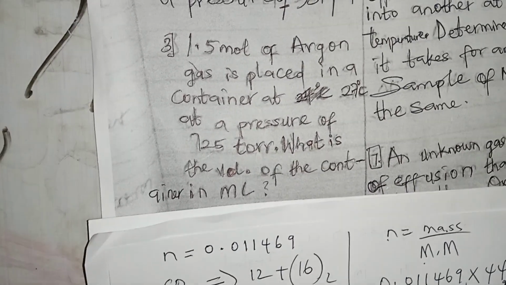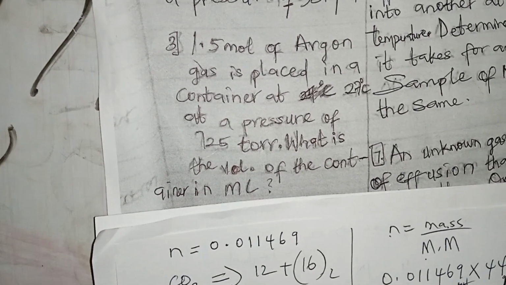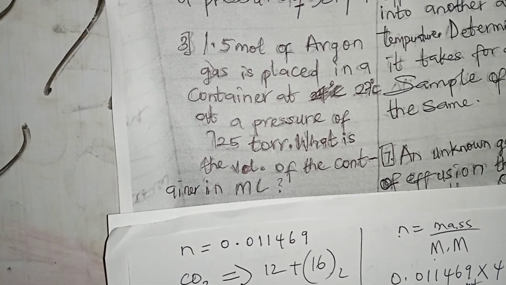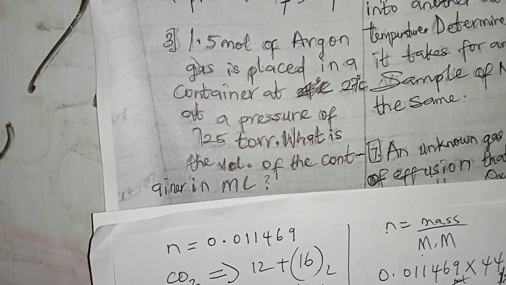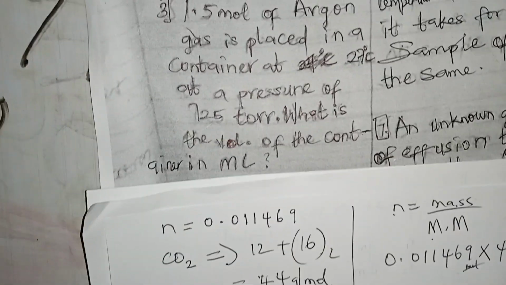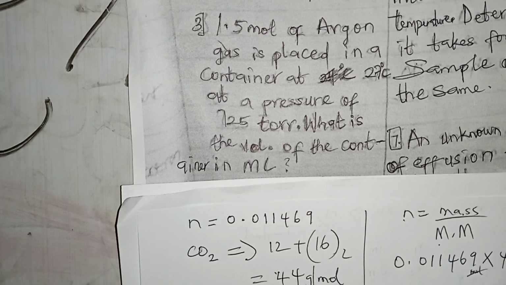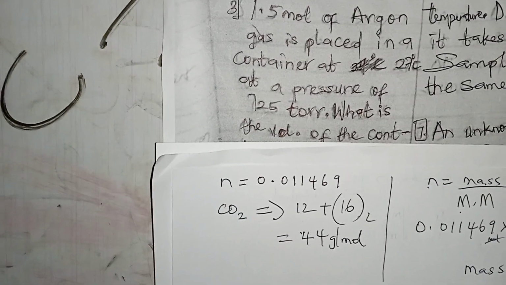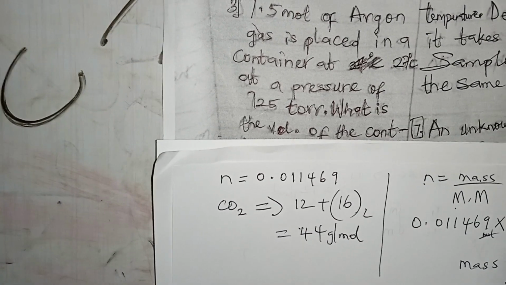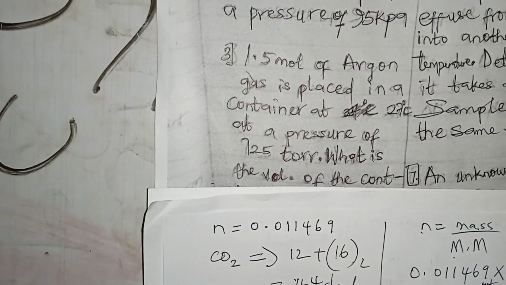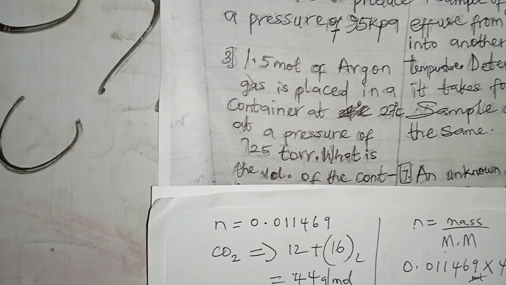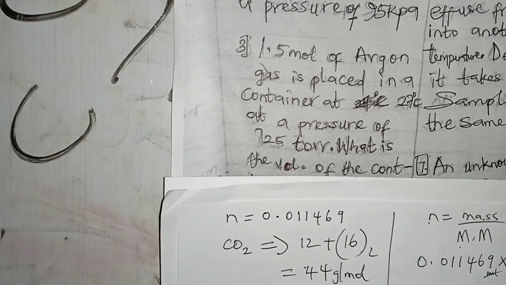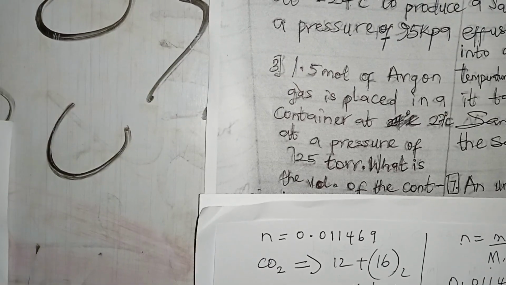Then pressure is 725 torr, and 725 torr is the same thing as 725 divided by 760 to give you the atm value. So 725 divided by 760, you get the atm value, which is going to be 0.9539. Then they are asking us what is the volume in milliliter?